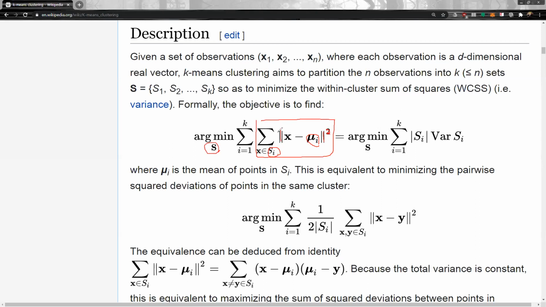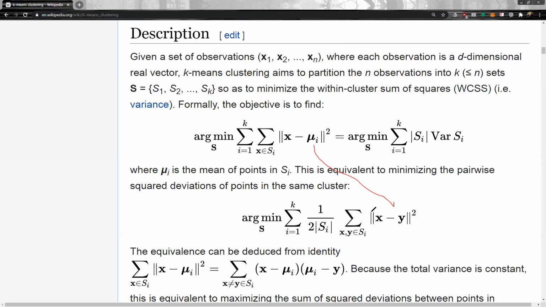Of course, since this is variance, divided by the size of Si, the number of points in Si, we can write this into this formula. So they are basically the same.